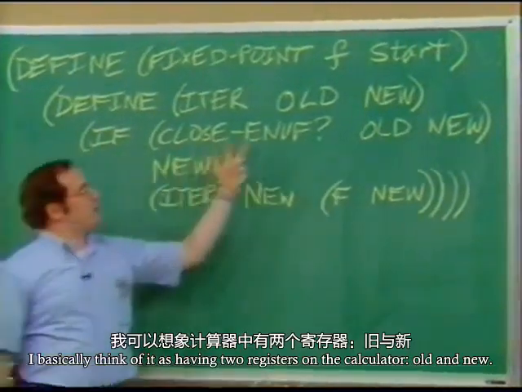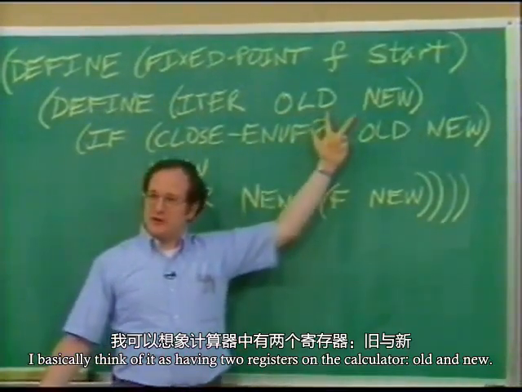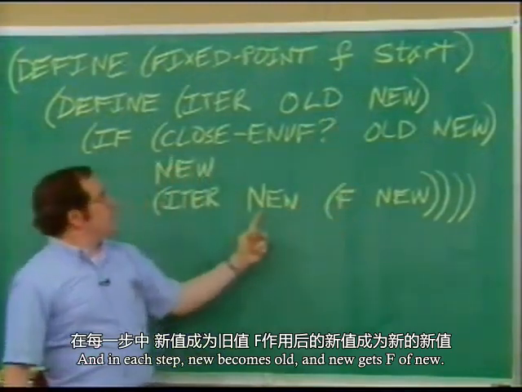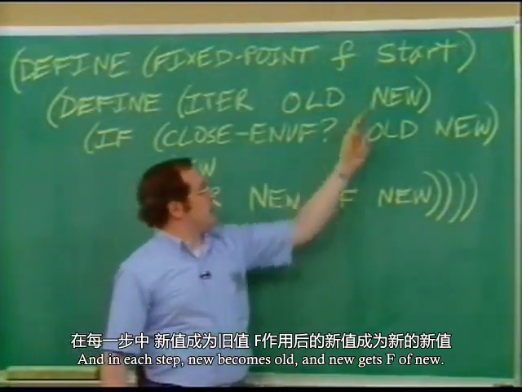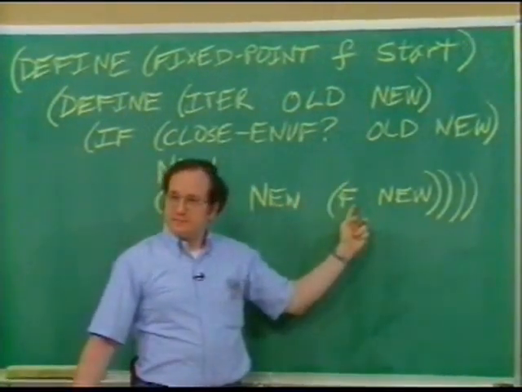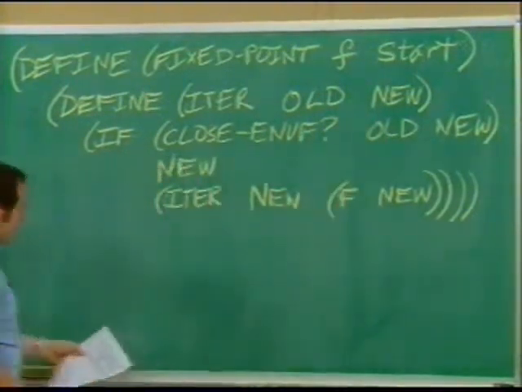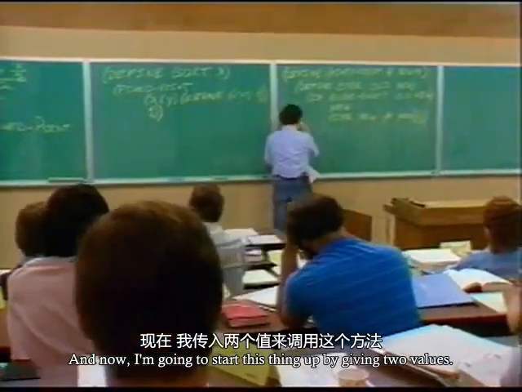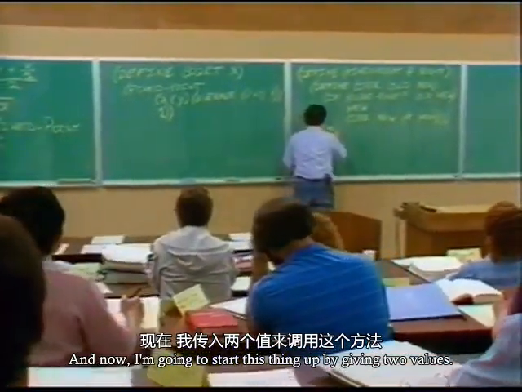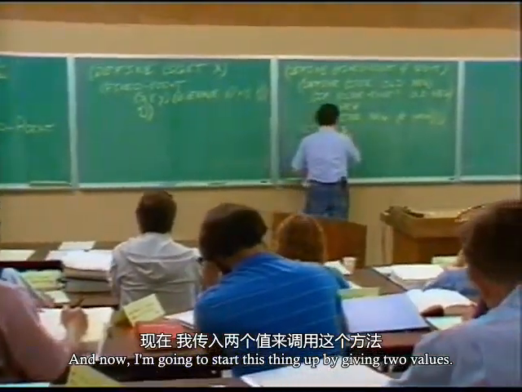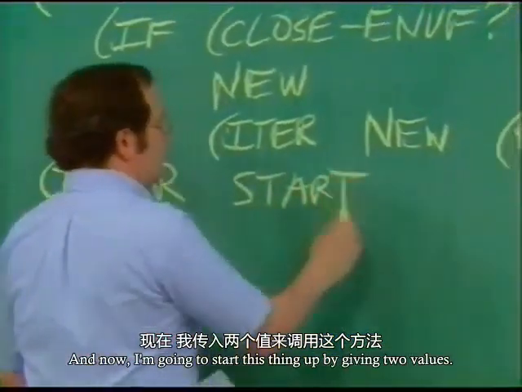I basically think of it as having two registers in the calculator, old and new. And at each step, new becomes old, and new gets f of new. So this is the thing where I'm getting the next value. And now I'm going to start this thing up by giving two values.